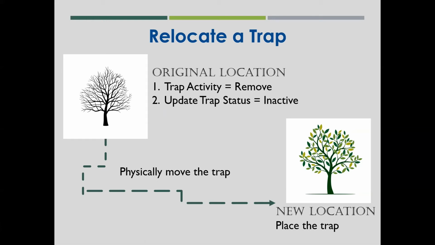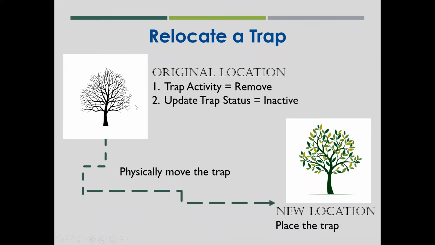The first edit would be, there's a trap activity involved, which is remove. So you will have to go to that original location and record a trap activity of remove. You'll also need to, on the main place a trap data form, update the trap status from active to inactive. It's no longer active. So those two data edits need to be entered on the original location.